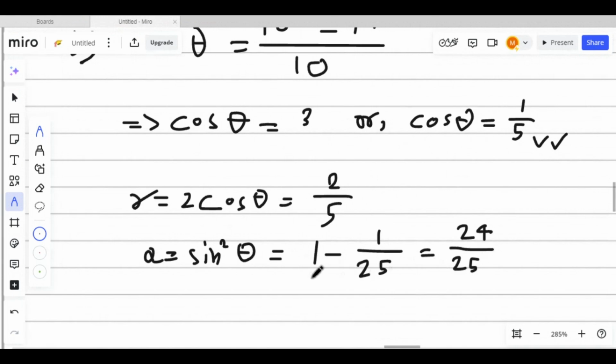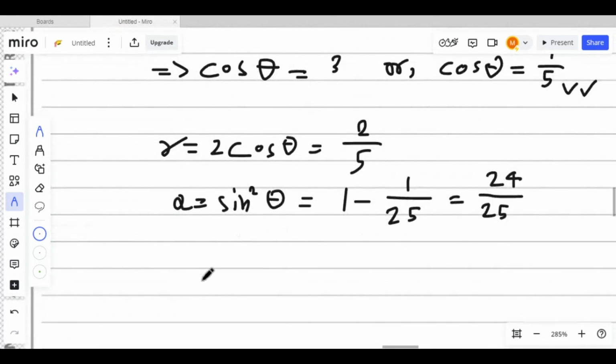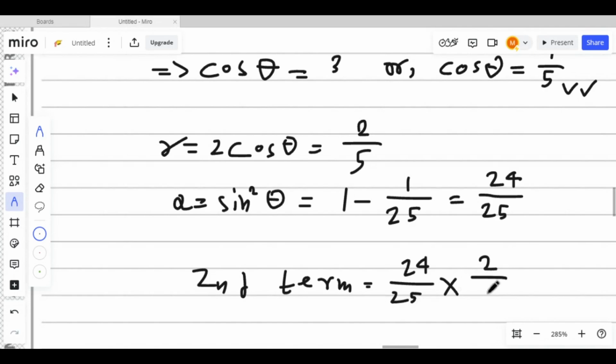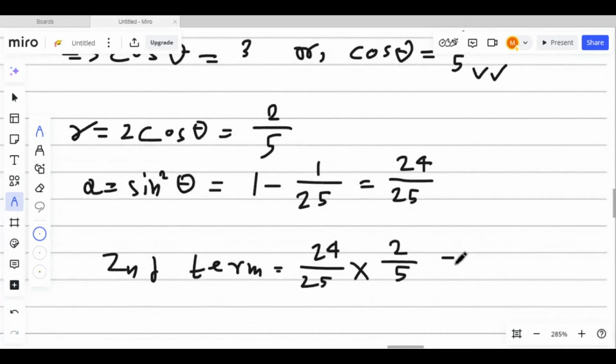So we got the first term. So the second term would be just ar. So 24 over 25 times the common ratio, which is 2 over 5. So we'll get the second term is 48 over 125.